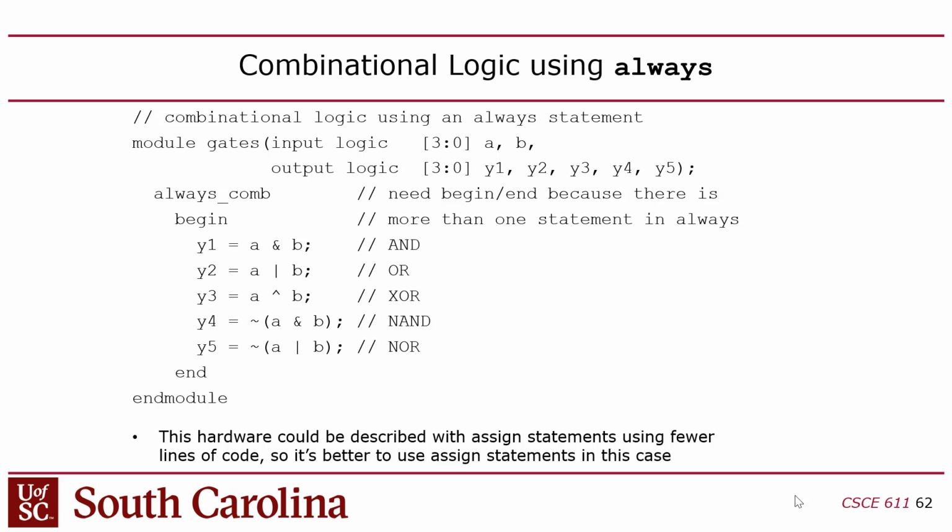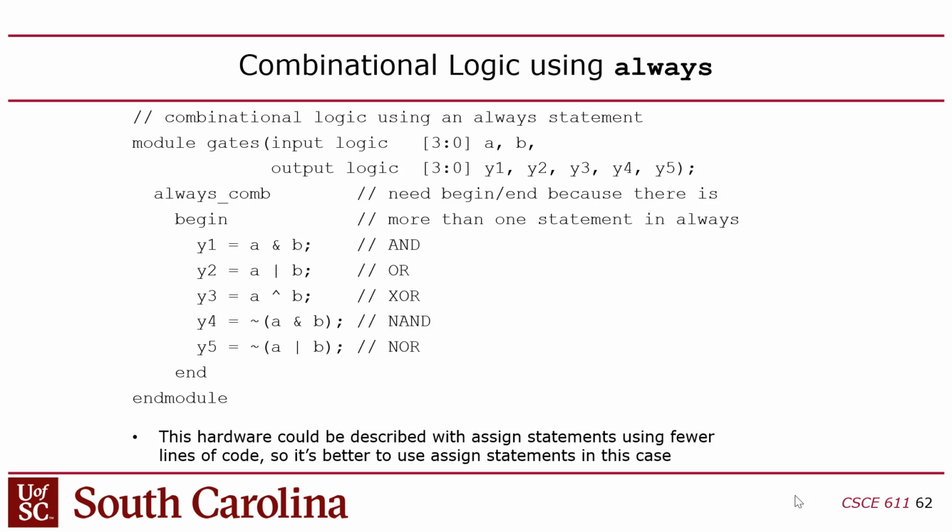The only time I would use an always for combinational logic is if you have a really complicated table, which is going to happen in this class when you build your control unit for your CPU. Your control unit is going to be a giant if-then-else sequence.